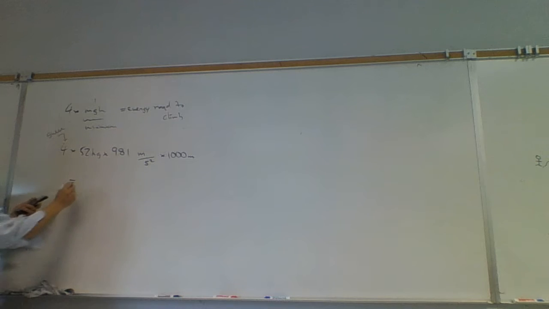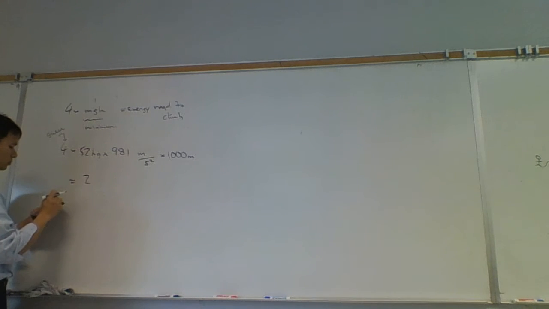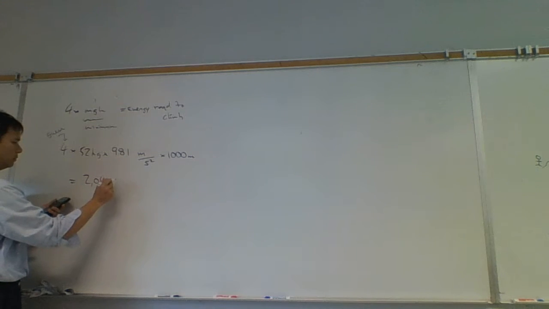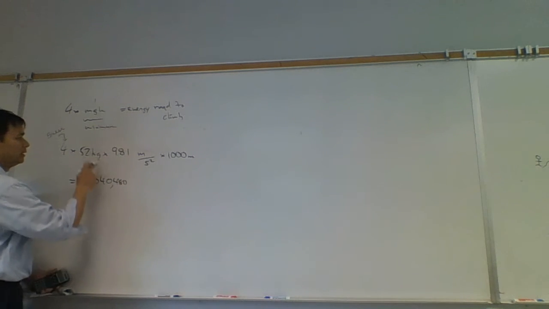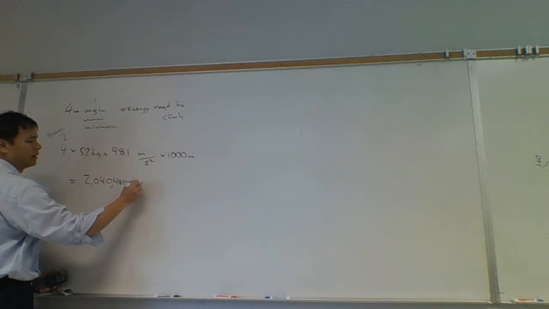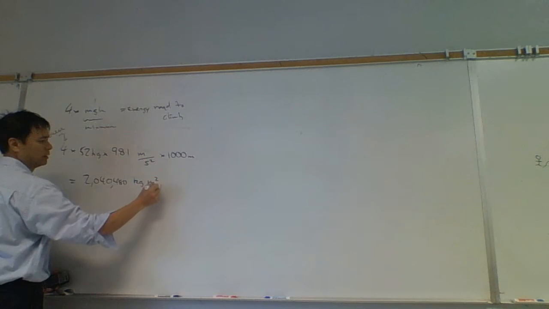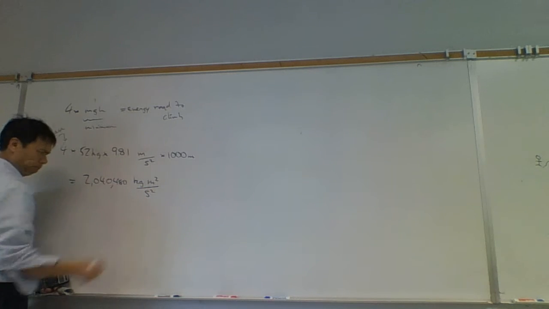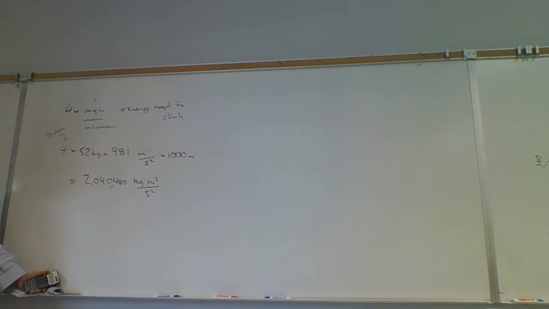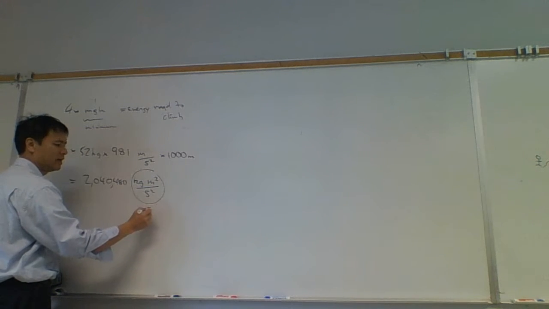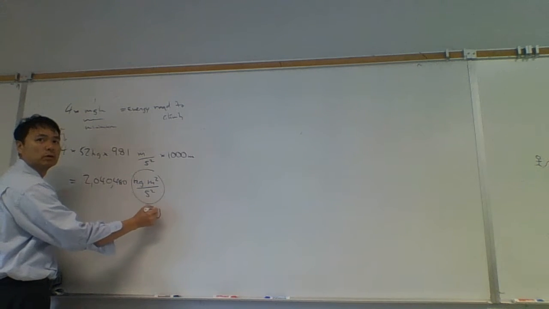So what do we get here? I get 2,040,480. The units are going to be kilograms times meters, times a meter is a meter squared per second squared. Now, this kilogram meter squared per second squared is defined as the joule.